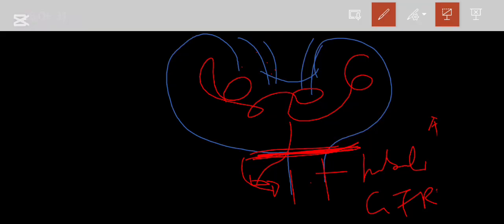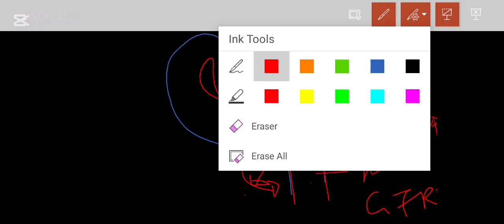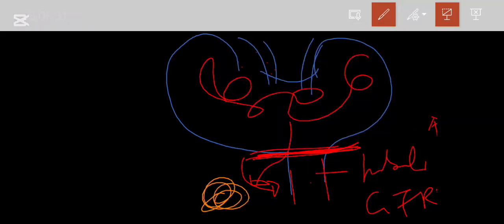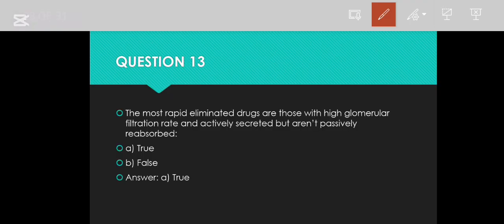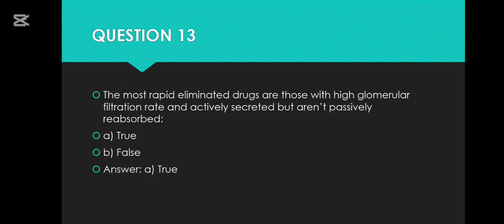So this is the reason why these drugs are more likely to be excreted. Why? Because they are not depending on passive transport to go back into the bloodstream, but on active transport, which might not be reliable. So they are more likely to be eliminated. Let's go back to the question. The most rapidly eliminated drugs are those with a high glomerular filtration rate and actively secreted.